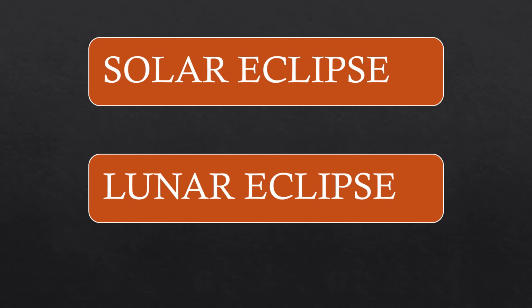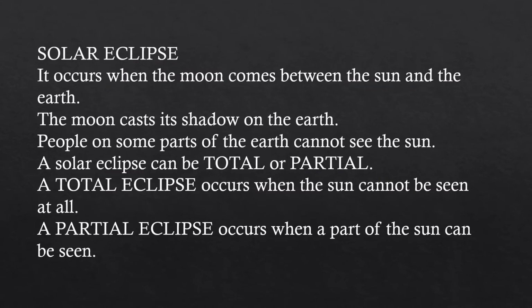Eclipses are of two kinds, solar eclipse and lunar eclipse. Solar eclipse occurs when the moon comes between the sun and the earth. The moon casts its shadow on the earth.